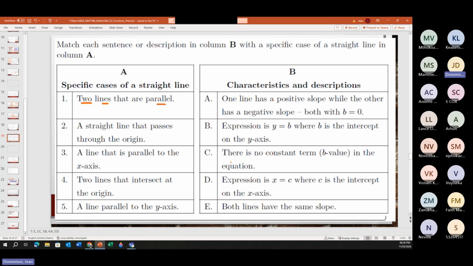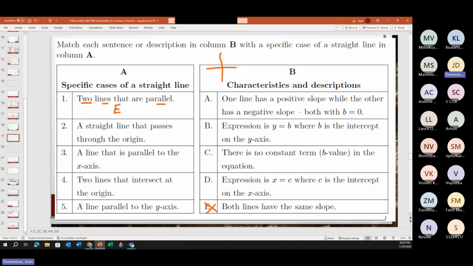Okay, not that. There is no constant. Not that. Expression is x equal to c. Not that. Both lines have the same slope. Okay, so for the first one, we know it is e, and we can take that one out. Okay, so let's look at a straight line that passes through the origin.